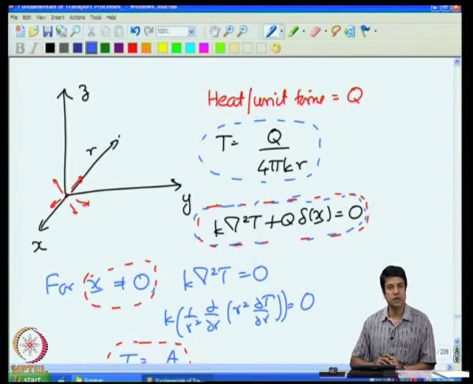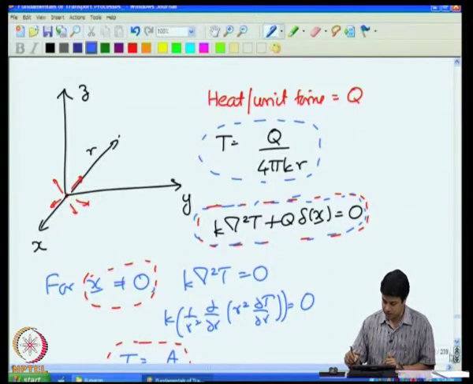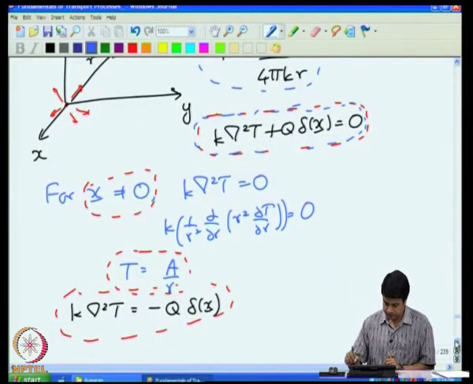So, q times delta of x has the correct dimension of heat emitted per unit volume per unit time for a distributed source. For this particular form of the delta function, the solution is the same as the solution for a point source in the limit as the radius of the source goes to 0. Okay.